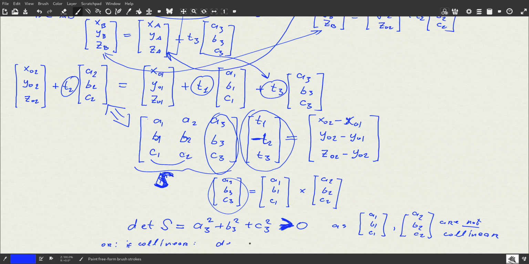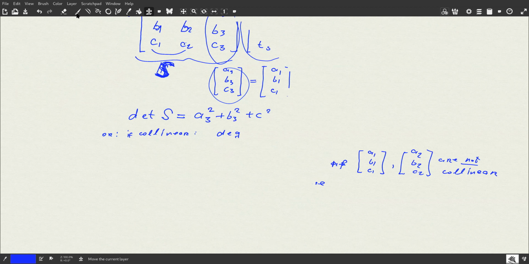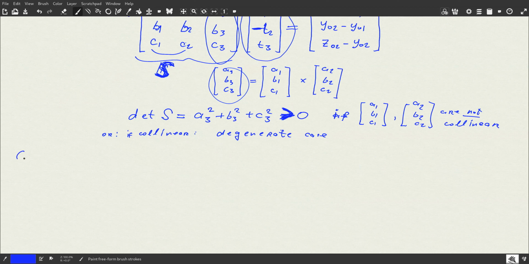Consider the generic case first. Generic case: the determinant of S is positive.